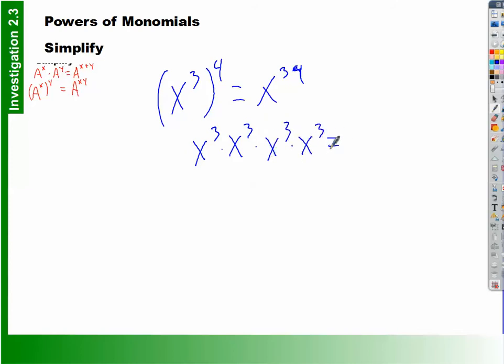And so in this case, we add the exponents, and what do we get? That's 12. Or we could have 3 times 4. What is 3 times 4? 12. Okay. So using this rule is fairly straightforward. It's simple.